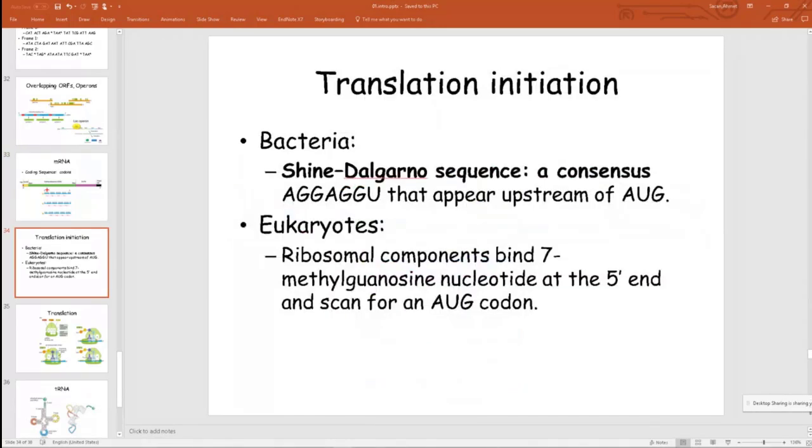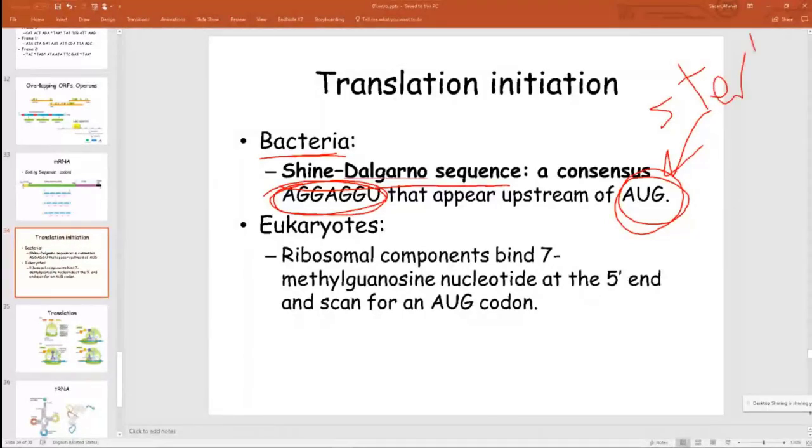The translation initiation signals are different in bacteria and eukaryotes, just like the transcription initiation signals were slightly different. In bacteria, we have the Shine-Dalgarno sequence, which is a consensus AGGAGGU. So this appears upstream of an AUG nucleotide, which is the start nucleotide. The translation start site is an AUG.